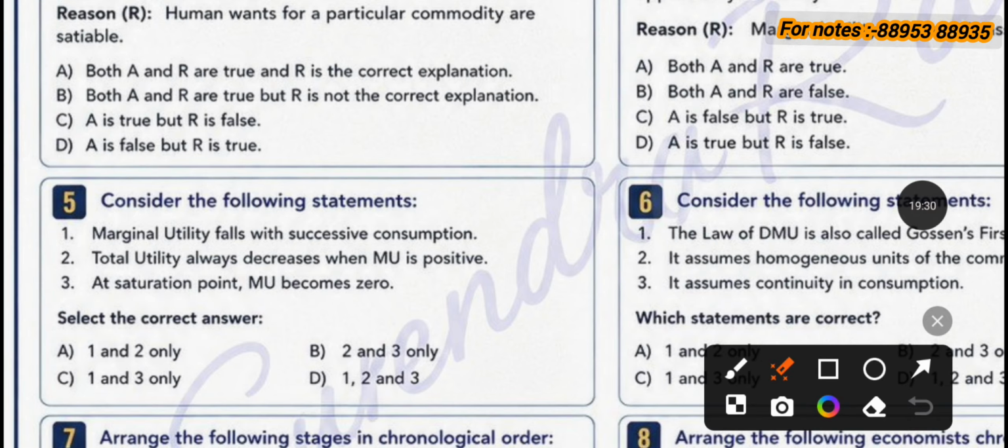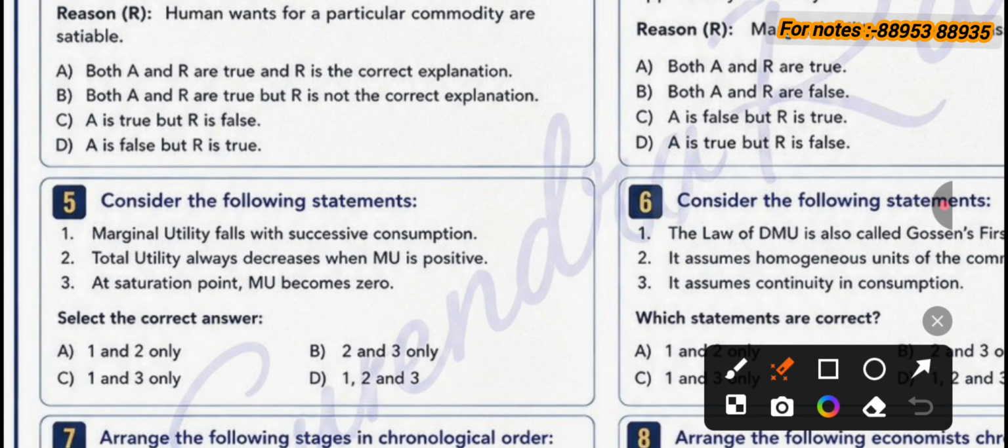Question number 5. Consider the following statements. Statement 1, marginal utility falls with successive consumption. Statement 2, total utility always decreases when marginal utility is positive.